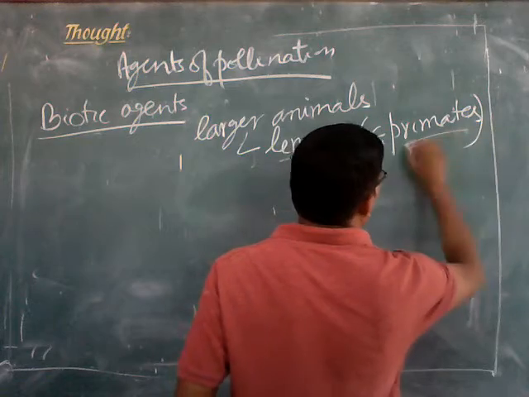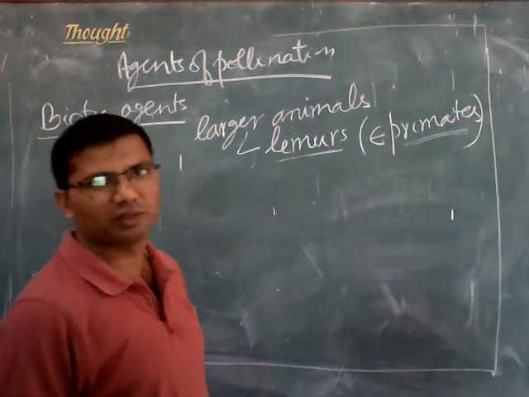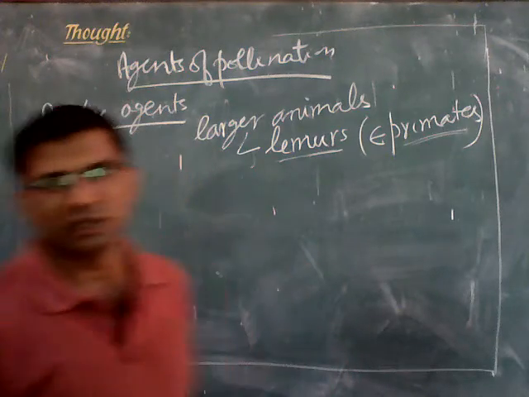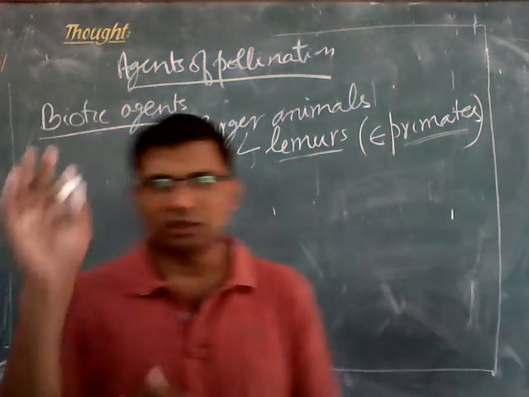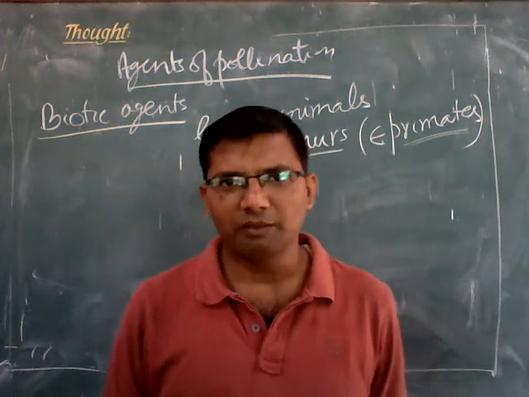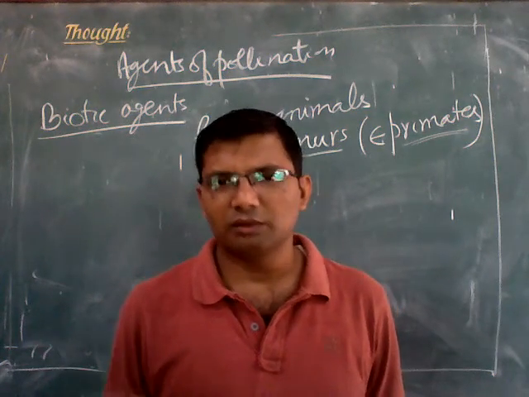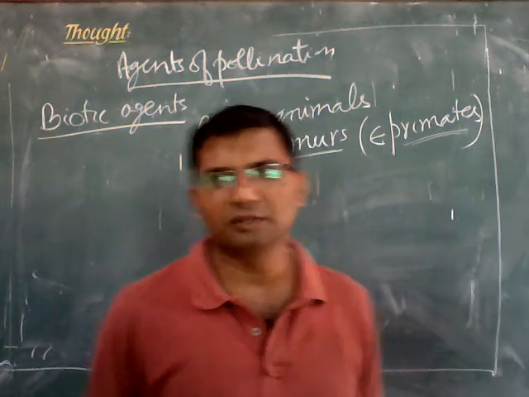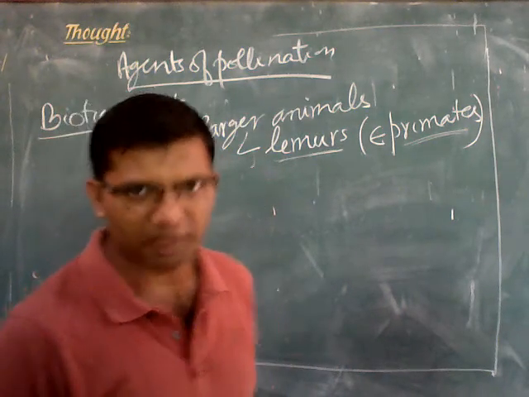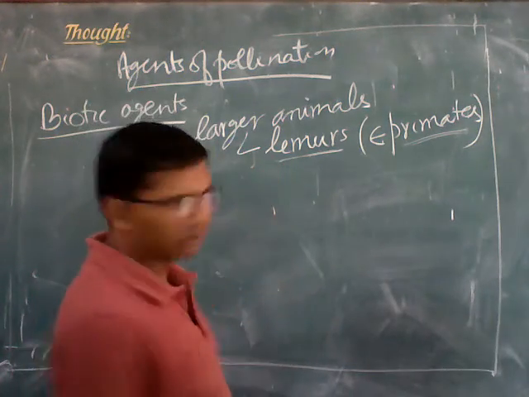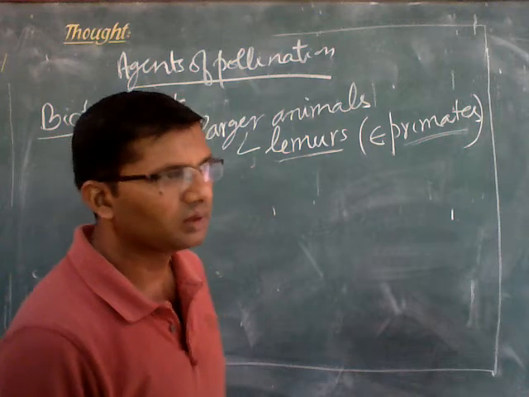So if somebody says that certain primates are also involved in the pollination, don't get confused or surprised. Lemurs are small in size, and they are very old ancient ancestors of the primates, or you can say humans. So they also help in the pollination of certain flowers.